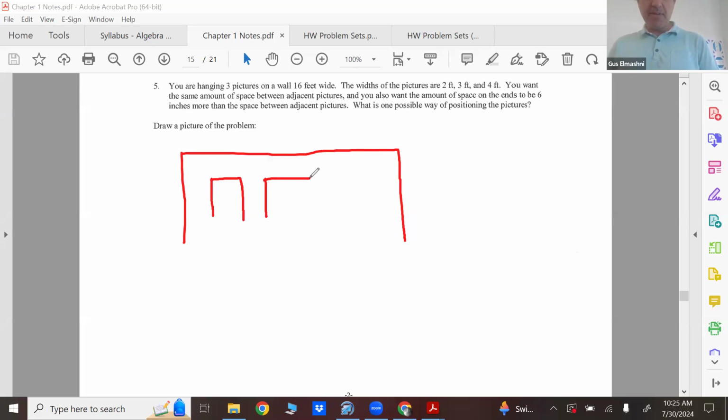So you have this, and you have this. I'm gonna try to draw it a little more to scale. So this is x, and let's do this here. So drawing helps sometimes.